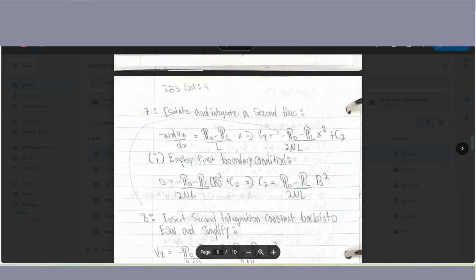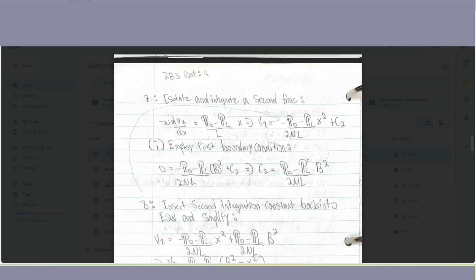You need to isolate the derivative first and then multiply the dx over. And it's just another x squared divided by 2, and then plus another integration constant.